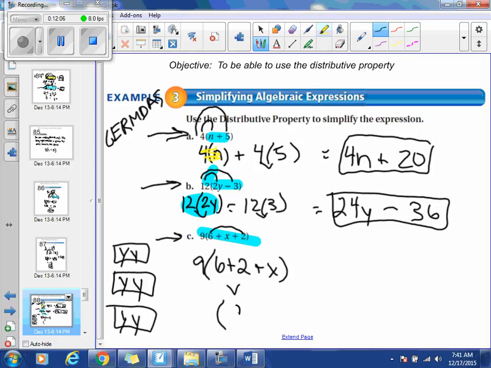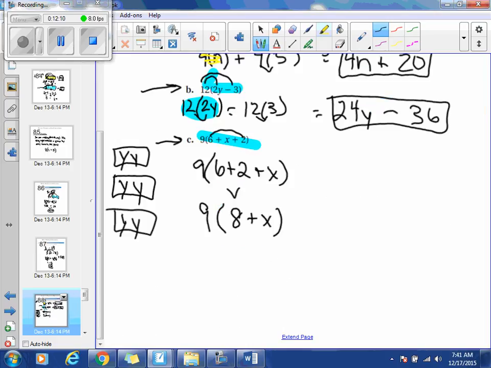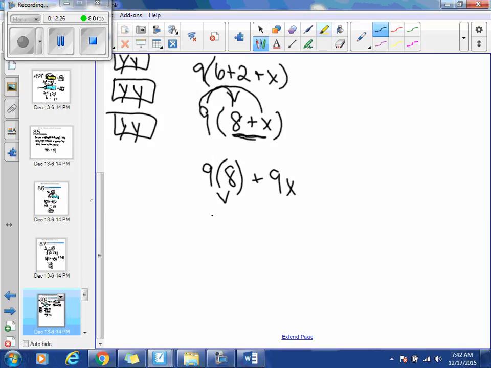Remember, changing the order of just the adding part doesn't matter. I know 6 plus 2 is 8. And then since I can't add 8 plus x, I can distribute or multiply 9 by everything in the group. So 9 times 8 and 9 times x.